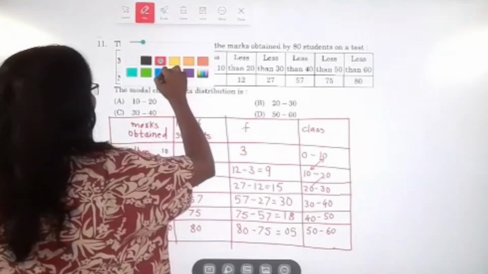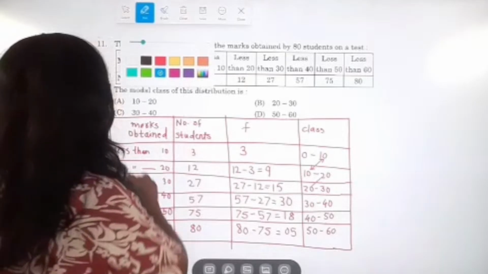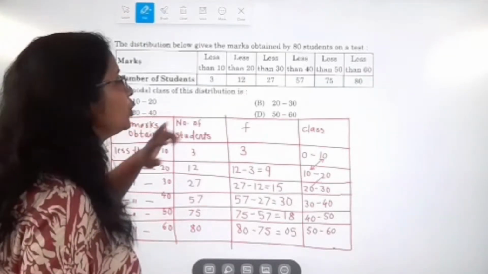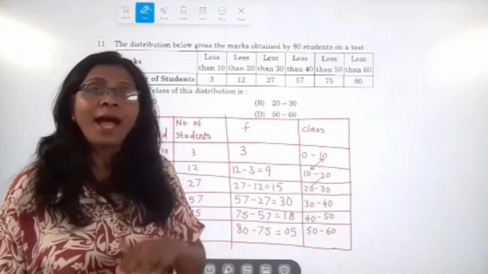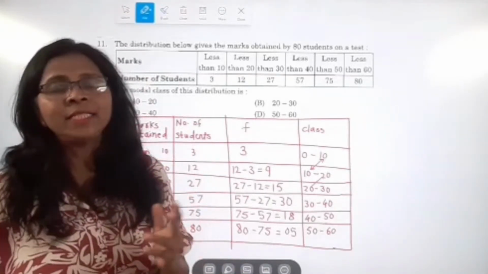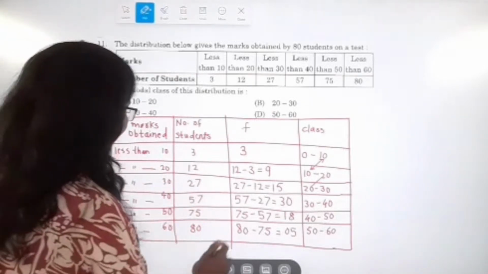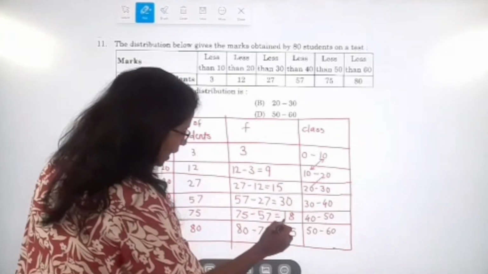Now the question is the modal class of this distribution. What is the modal class? Modal class means the highest frequency. Which class has the highest frequency? Here we have 3, 9, 15, 30, 18, 5.